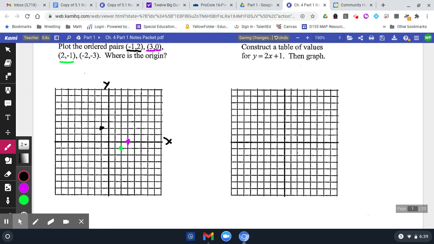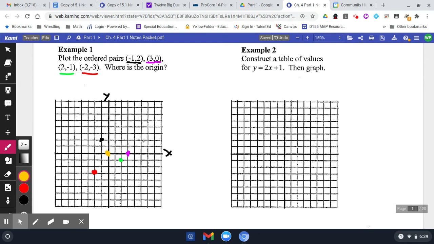And then last but not least, we have our -2, -3. They're both negative, so I'm going to the left 2, 1, 2, and then down 3, 1, 2, 3, right there. And those are our 4 points. It also wants us to identify where the origin is. Remember, the origin is just the middle of the graph. We'll put that in the yellow. And our origin would be right here.